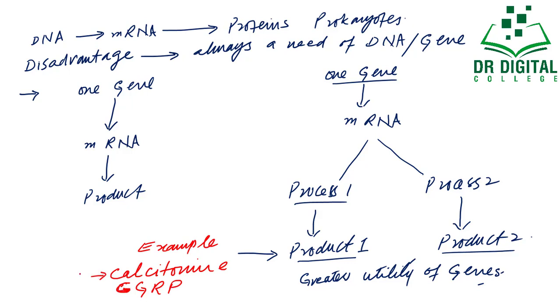This is a hormone, and this is one protein. They are encoded by the same gene, but they are performing different functions. I'll be telling you a bit detail of it, but before this, let's go towards this RNA processing.